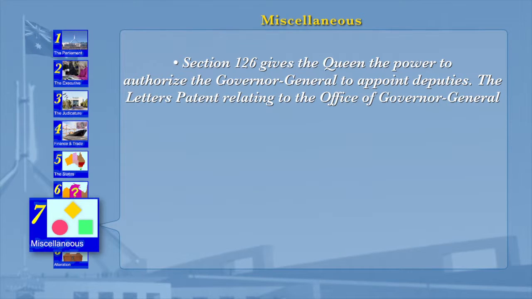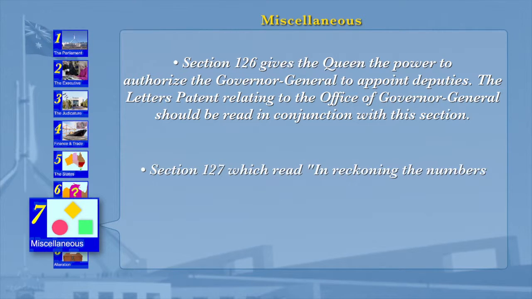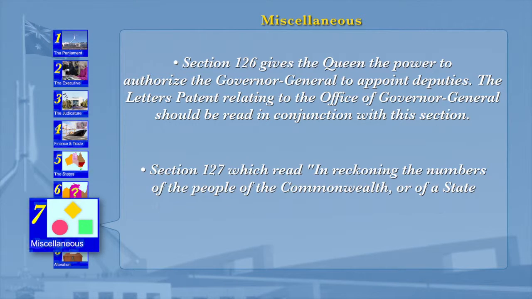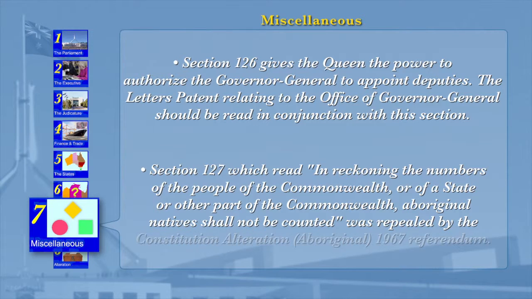The letters patent relating to the office of Governor-General should be read in conjunction with this section. Section 127, which read, "In reckoning the numbers of the people of the Commonwealth, or of a state or other part of the Commonwealth, Aboriginal natives shall not be counted," was repealed by the Constitution Alteration (Aboriginals) 1967 referendum.